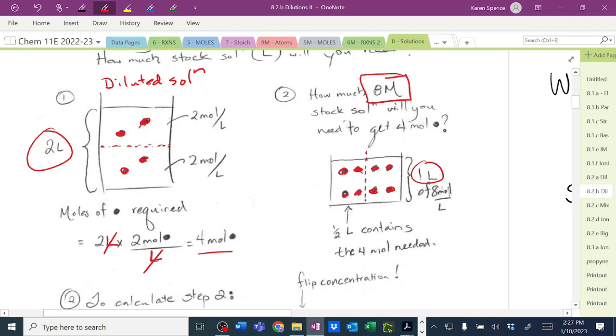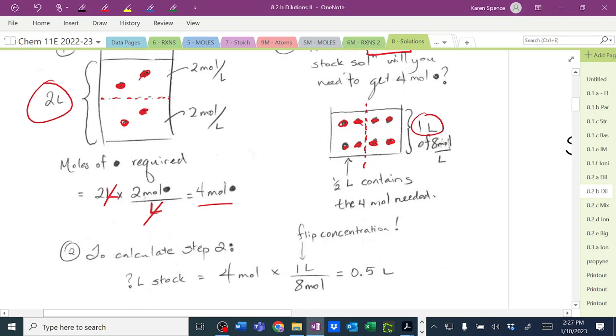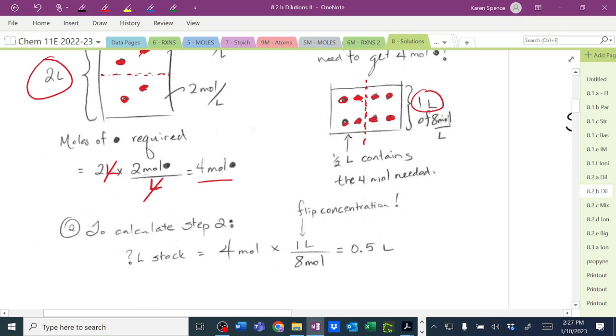Well, we could cut this in half, and so a half a liter would contain 4 moles. We're not going to draw out these pictures every time, so wouldn't it be nice to just calculate it and say, I want 4 moles, how much volume do I need to get that? Make sure that your moles cancel with your moles, and you'll have liters on the top, so you're just flipping the concentration, okay?